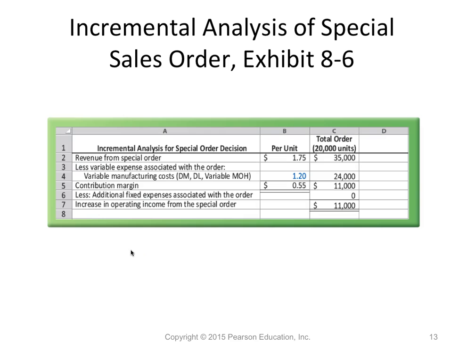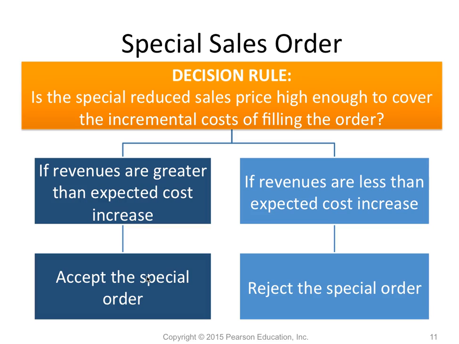So the incremental analysis of a special order here is: is the special reduced sales price high enough to cover the incremental cost of filling the order? Assume that we are making 10,000 units, and then these guys are going to order another 1,000.